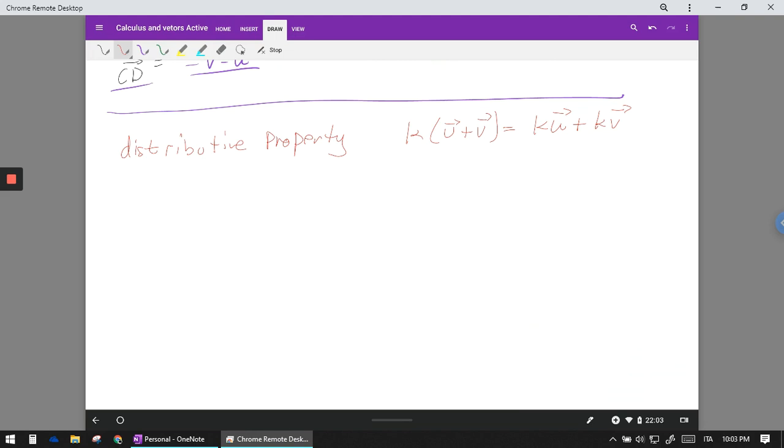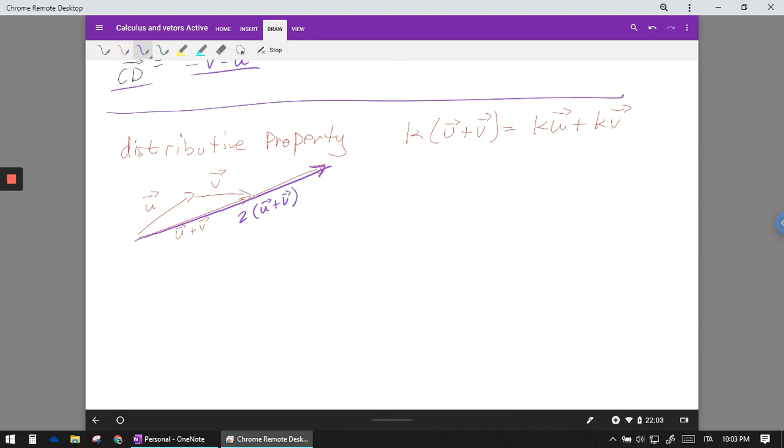Basically, if I have u and then I add v to it, that's u plus v, which is this. That's from yesterday. And if I multiply it by 2, then this guy here is 2 times (u plus v).